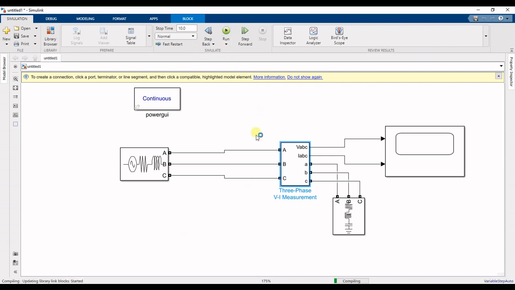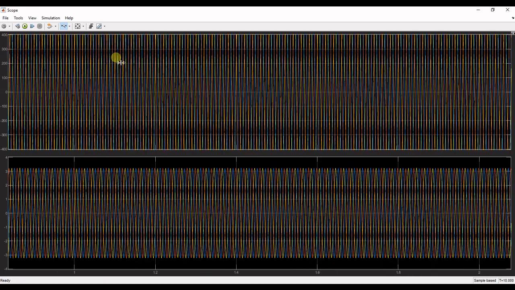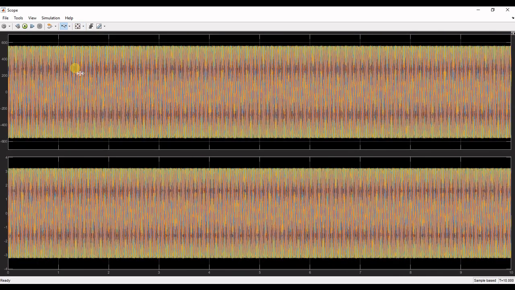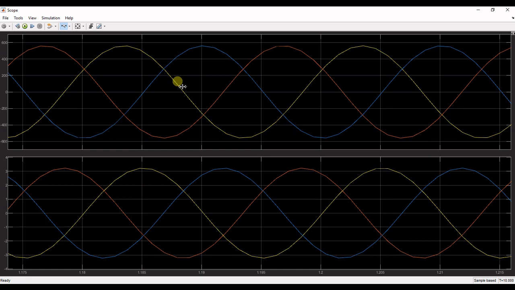We run the system again and check what changes have come. Now the waveform is better than the previous one, but there are still certain issues with harmonics in the waveform.